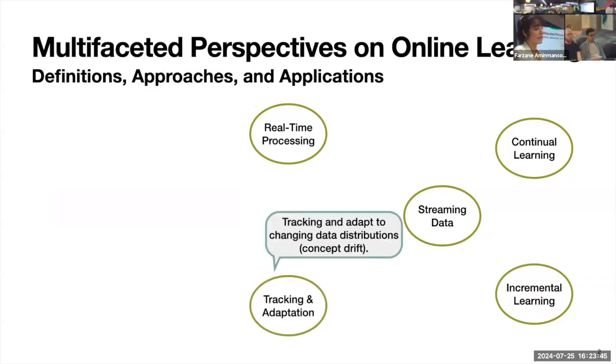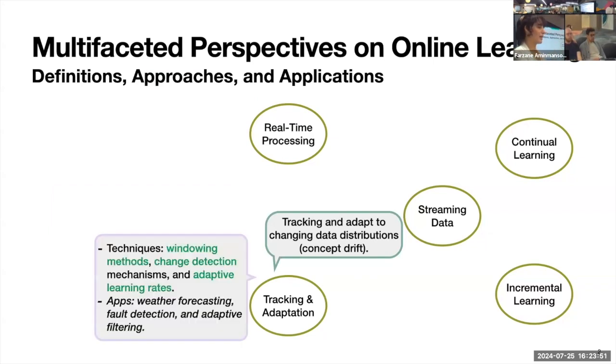The next one is the tracking and adaptation perspective. You can look at online learning as a tracking problem where the data changes, and it might come from a new distribution of data, which means you have non-stationarity, but you want to track these changes over time and adapt yourself.